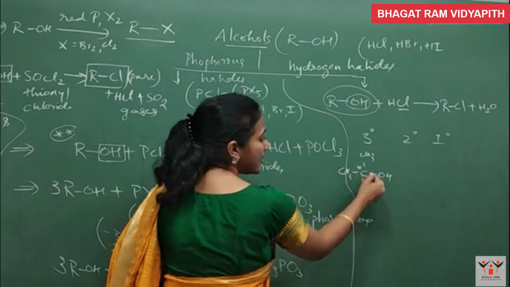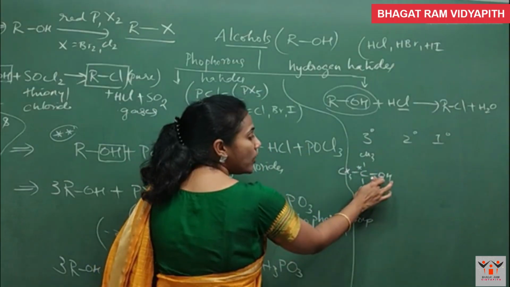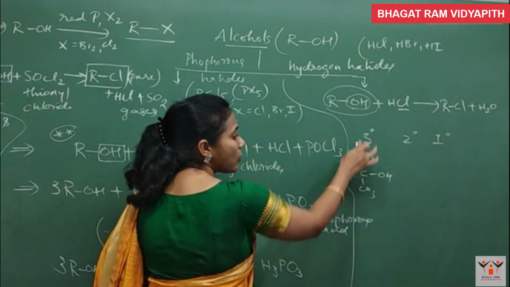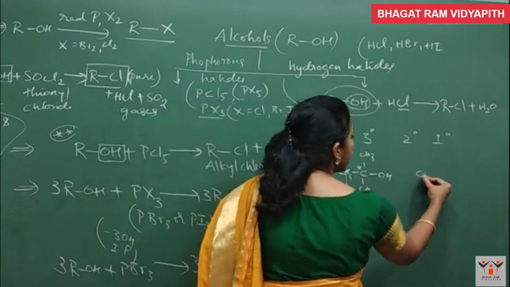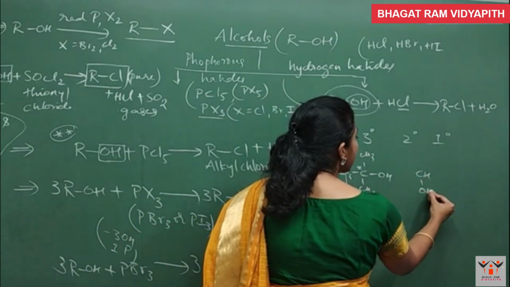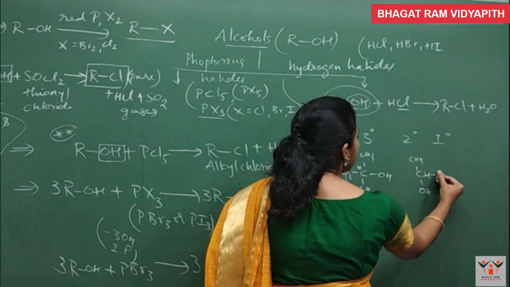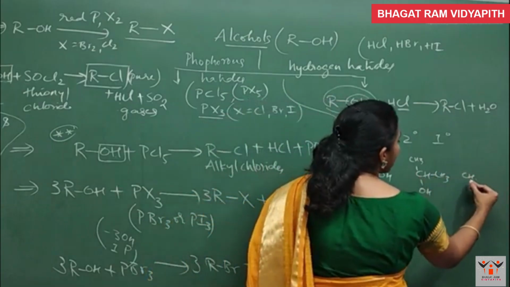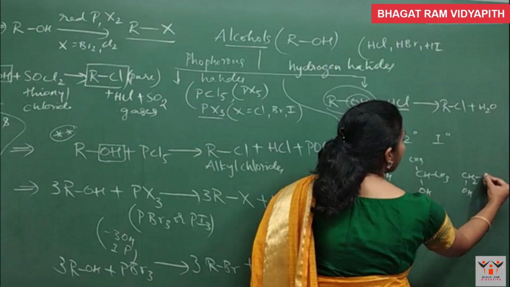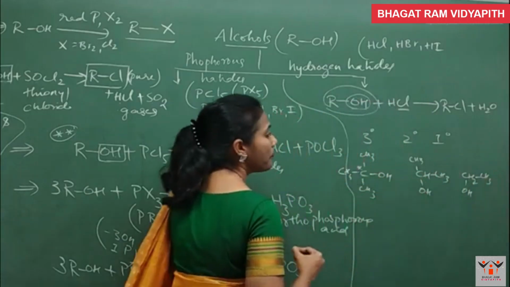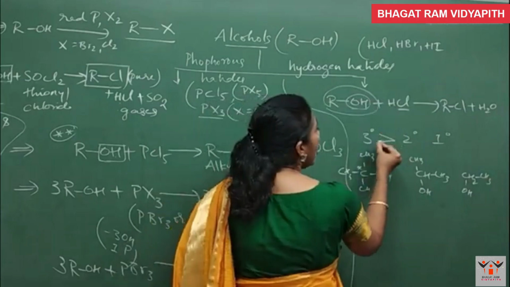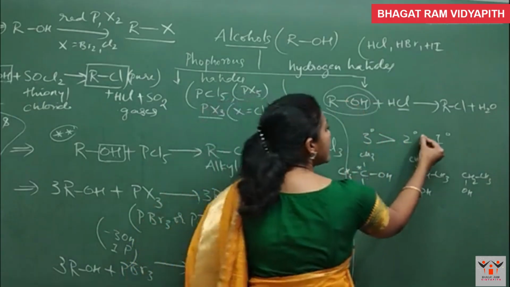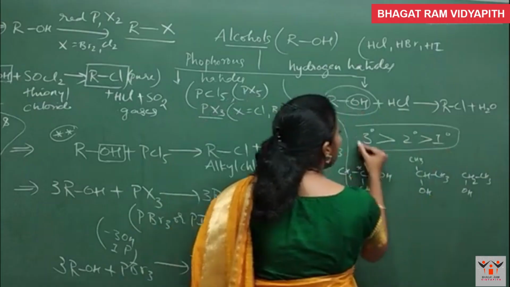So this carbon is a tertiary carbon, right? So OH attached to a tertiary carbon is called tertiary alcohol. OH attached to a secondary carbon is called secondary alcohol. OH attached to a primary carbon is called primary alcohol. So tertiary alcohol is always more reactive than secondary, and secondary is more reactive than primary.